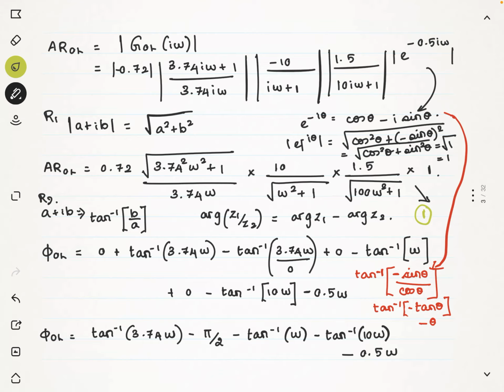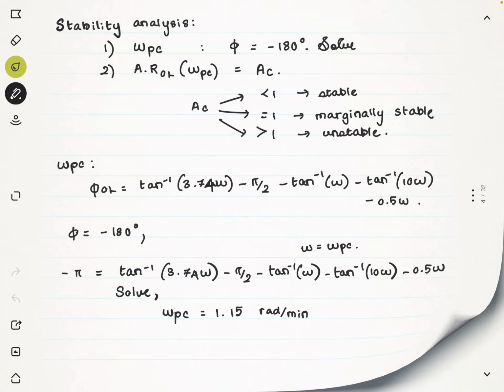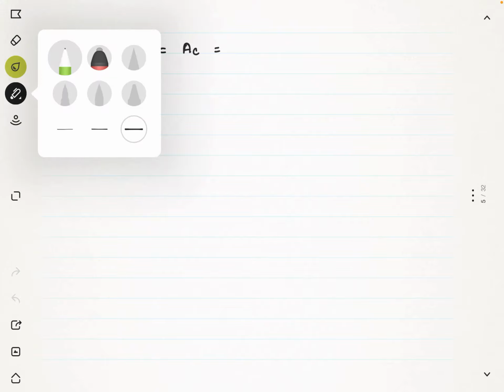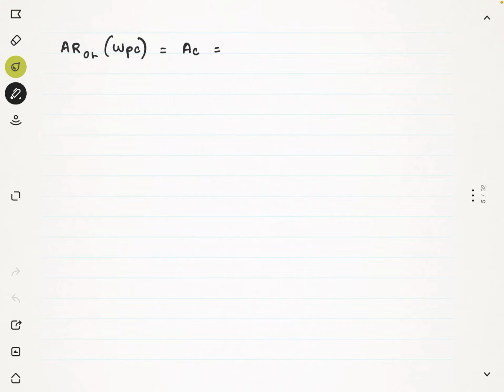So if we substitute omega is equal to 1.15 in equation 1, and if you do all the simplifications, we'll get the critical amplitude ratio is 0.